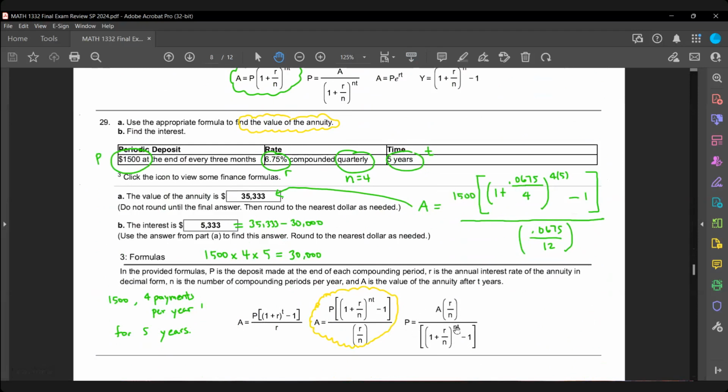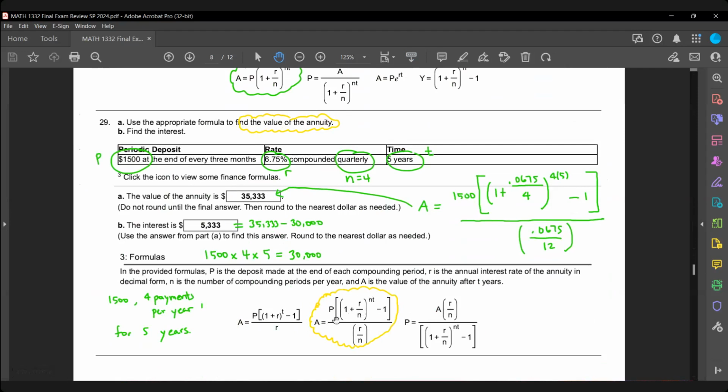This formula right here, the third formula, when you see the P, is because you're looking for the periodic payment. Going back to what this needs to do, we need to find the value of the annuity, either this one or that one. Since the interest rate is compounded, it must be this example here.